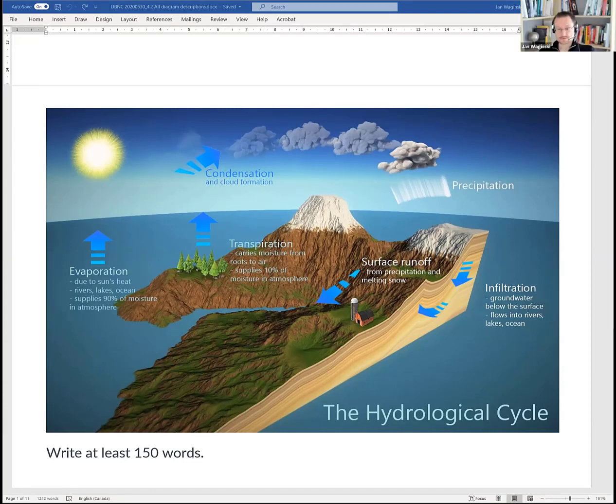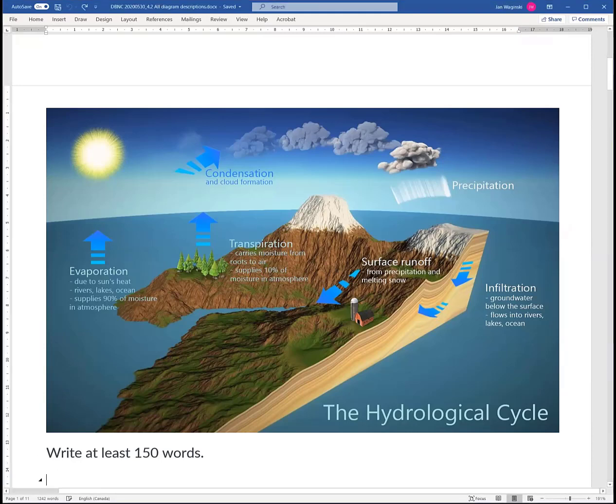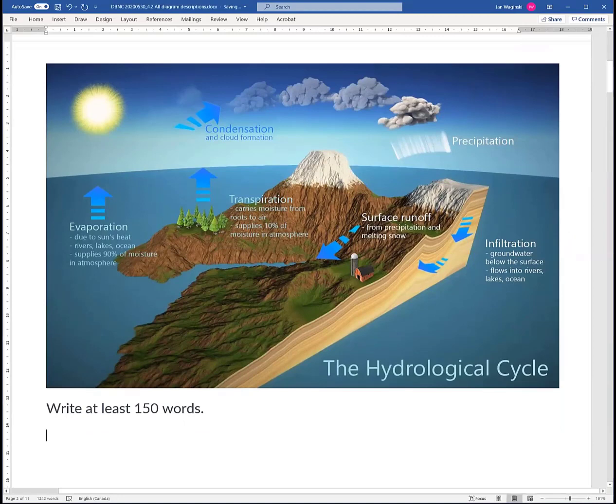Okay. How many ways does the rainwater return back to rivers, lakes, and the ocean? I think two. Yeah. So how many steps are in this process? The first step is the evaporation of the water and transportation.